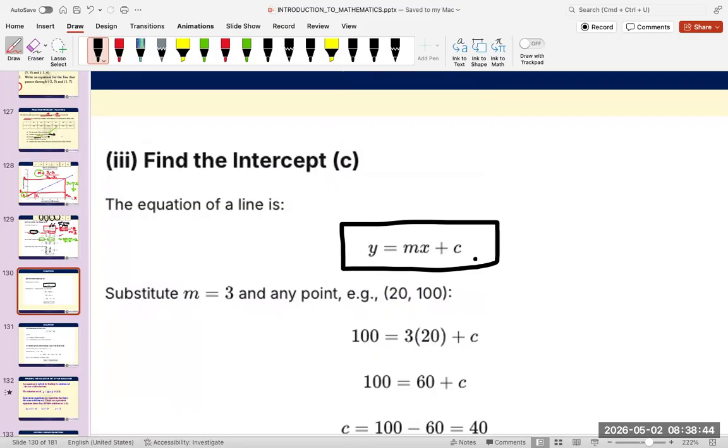So all we do here is we make C the subject. So the change of subject we learned, we'll apply them here. So we say making C the subject.